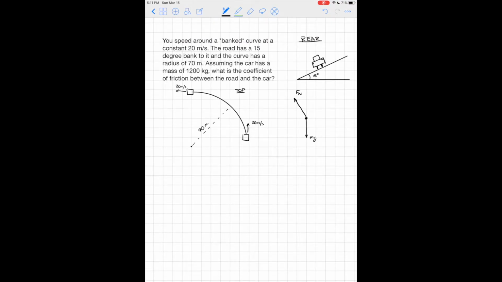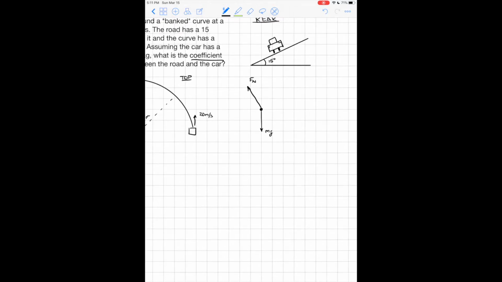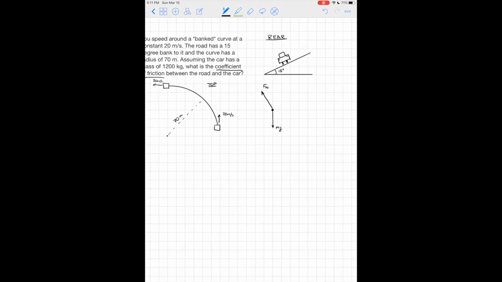I mean, what is it asking us? Coefficient of friction. I need friction. So now I need to ask, from our rear vantage point, how would I describe the possible motion of this car? Well, the possible motion of this car would probably be up our ramp here, right?